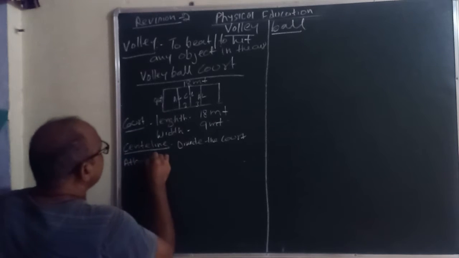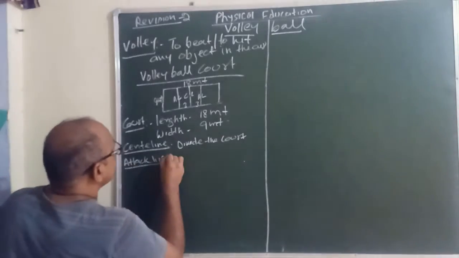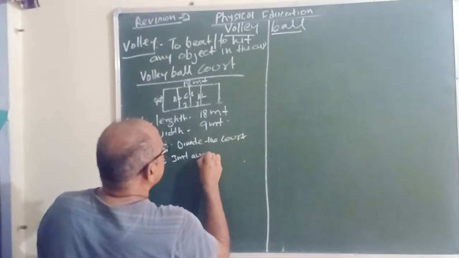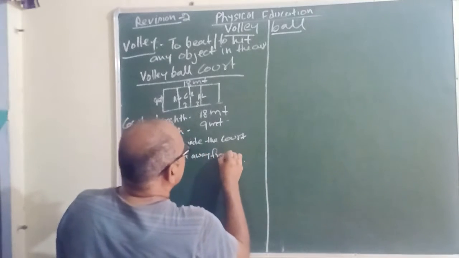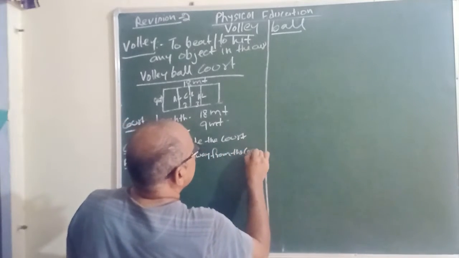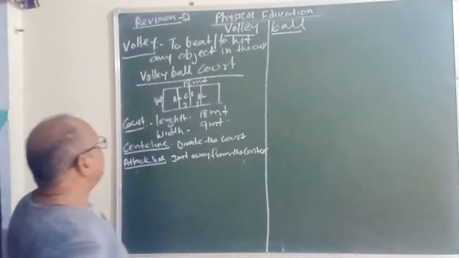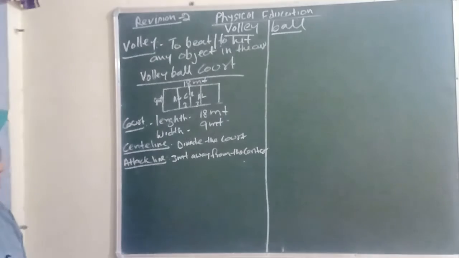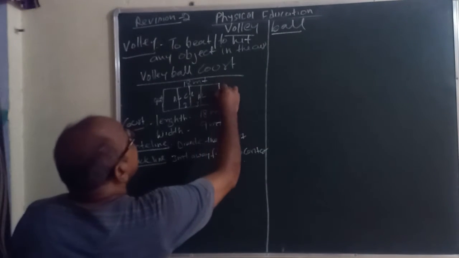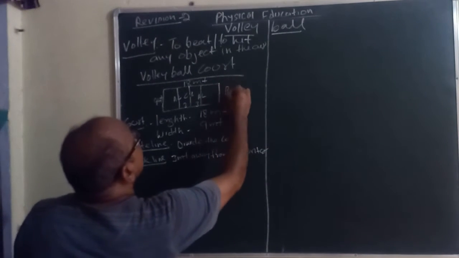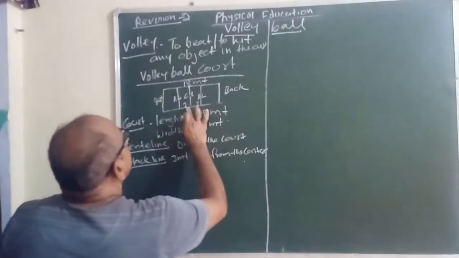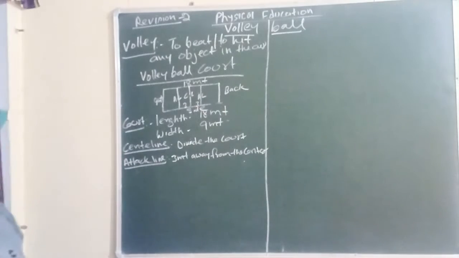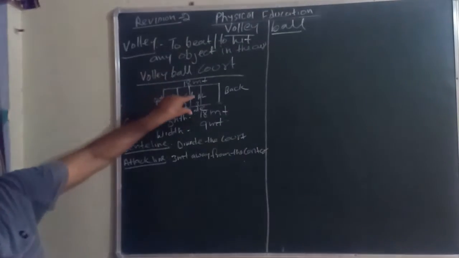And here you have to write attack line. It is 3 meter away from the center line, so it is called attack line. And this line is called back line, and this line is called side line. So this is your simple court.